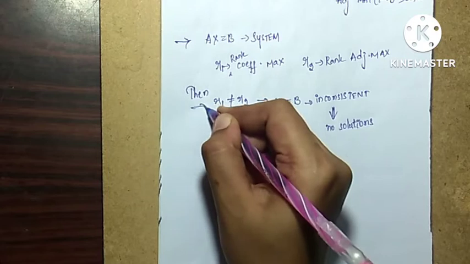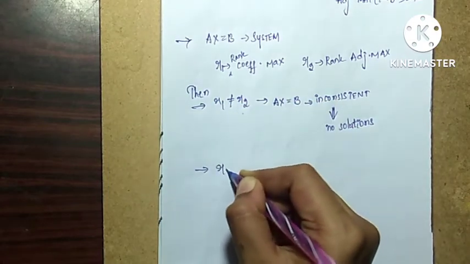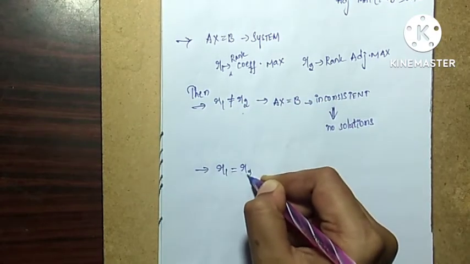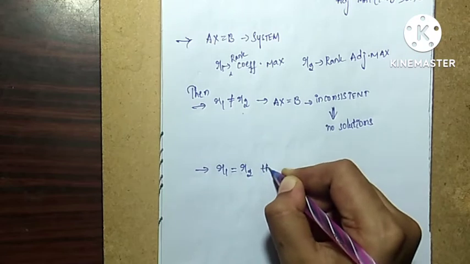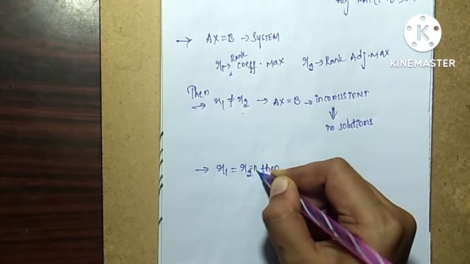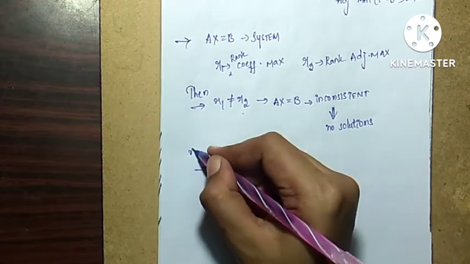Next, if R1 is equal to R2, that equals n.